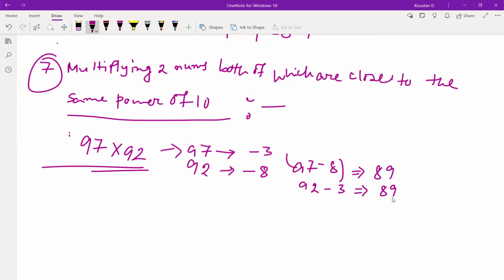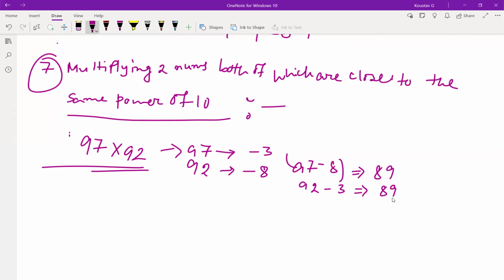The second part of the answer is the product, which you take along with the sign, of the differences from the power of 10 written for the two numbers.